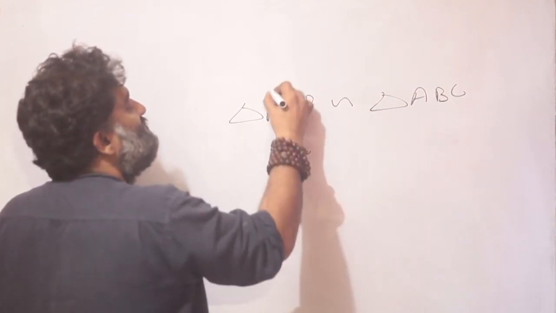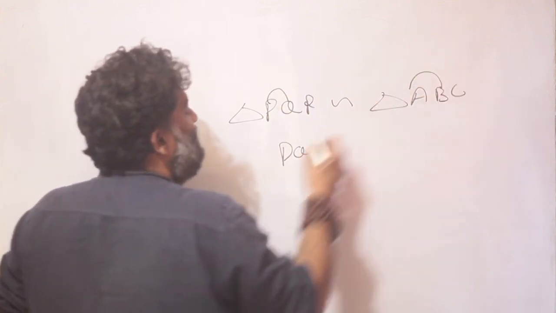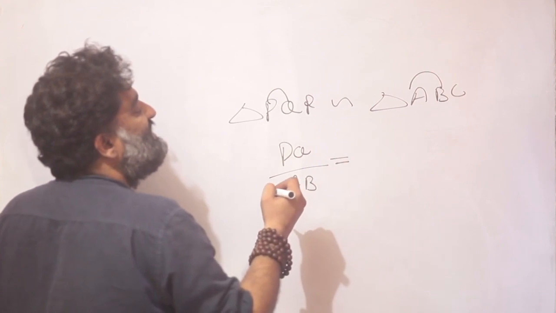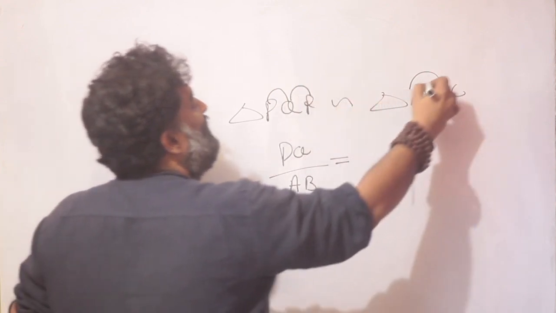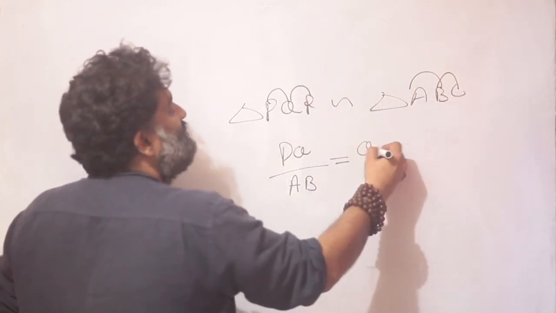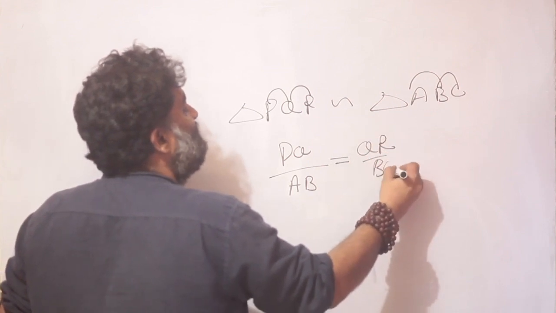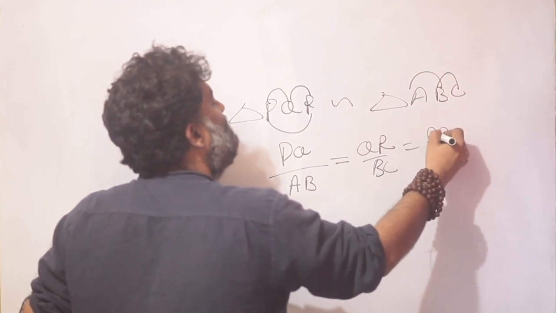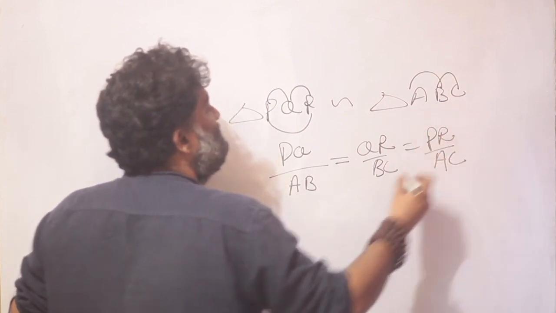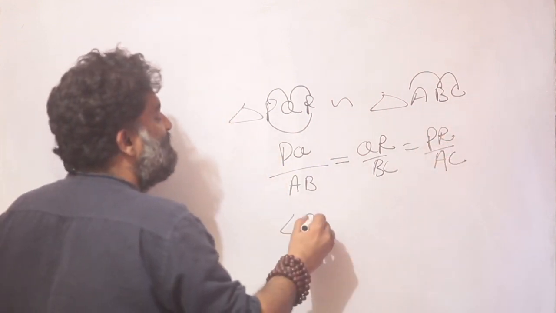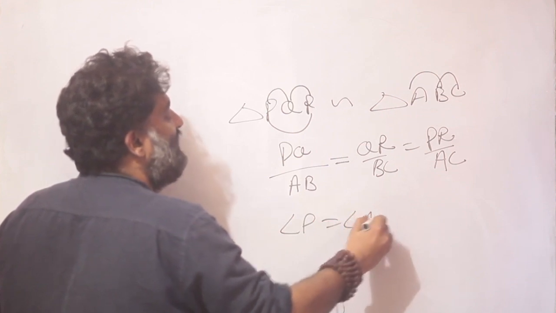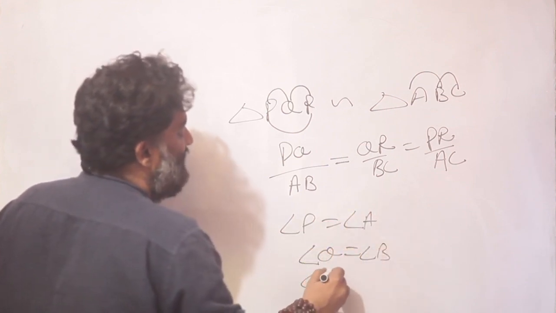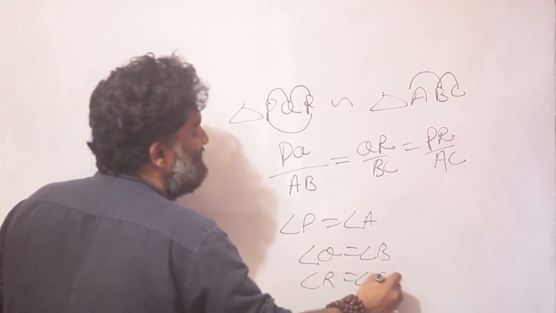That the ratio of PQ and AB is going to be the same as the ratio of QR upon BC, and finally the ratio of PR upon AC. And angle P is going to be equal to angle A, angle Q is going to be equal to angle B, angle R is going to be equal to angle C.